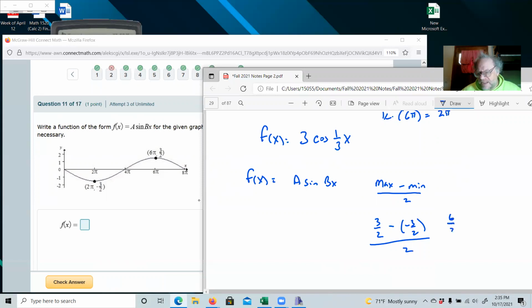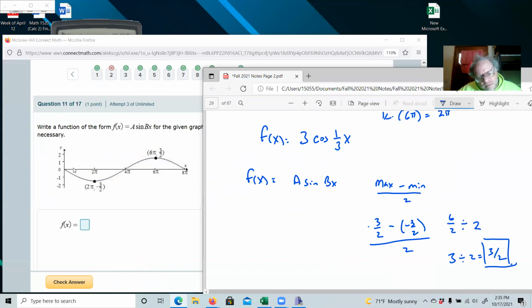So we have 6/2 here. 3 minus -3 is 6, divided by 2. Well, it's 6 over 2, that's 3. 3 divided by 2 is 3/2. And again, by inspection, you can kind of see 3/2.